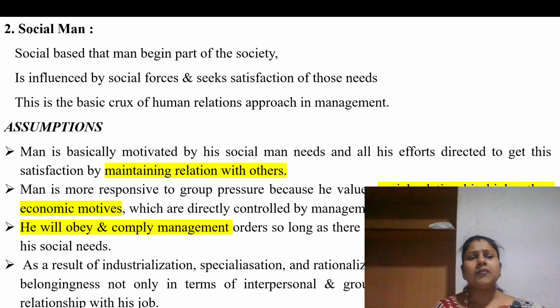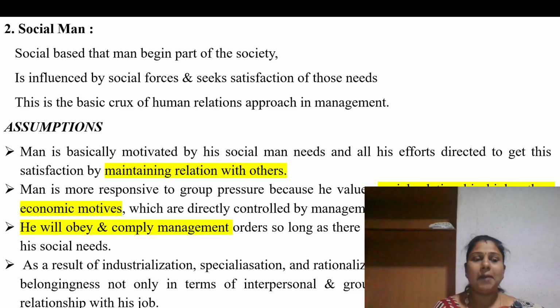Assumptions. Man is basically motivated by his social needs, and is directed to maintain relations with others, and is more responsive to the group. The value he places on social relationships is higher than economic motives.